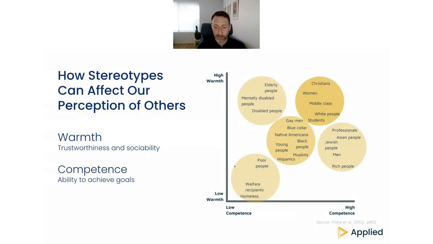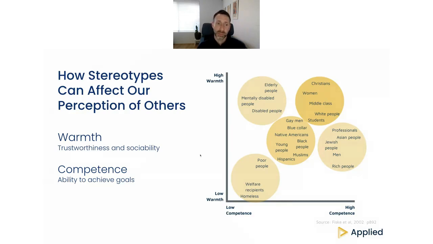Whereas low warmth, low competence, welfare recipients, for example, and then high competence, sort of lowish warmth is, for example, rich people, and other groups dotted around the place. I think one of the key takeaways of the study was just how consistent these stereotypes were, despite the fact that they're not really explicitly defined anywhere. They are just around us in our day-to-day lives and as we're socialized and growing up.